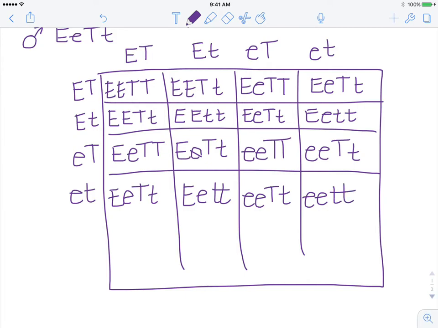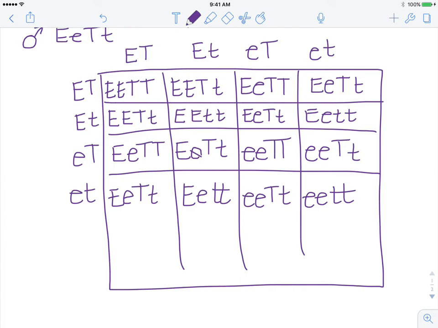Okay, so this is what you get as all of the possibilities and the possible combinations of alleles in our offspring. It doesn't mean that they're going to have 16 offspring and they're each going to have each of these genotypes. We just have a 1 in 16 chance of getting the genotypes that are in any of these cells right here.